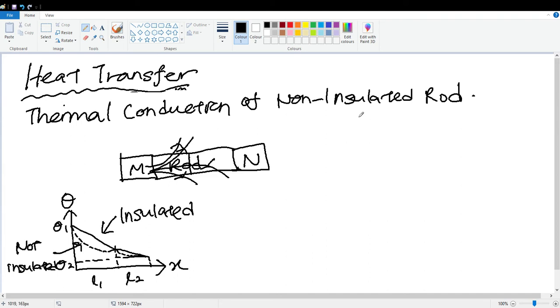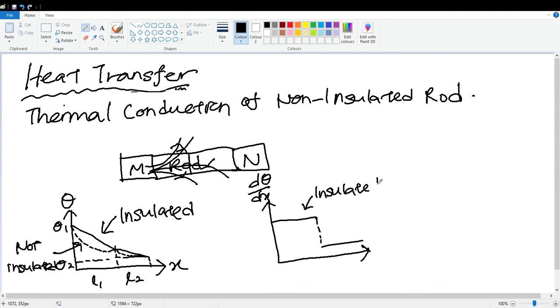Okay, so in terms of temperature gradient, this is my temperature gradient, and let's say this is my T1. Let's say this is the rod which is insulated.